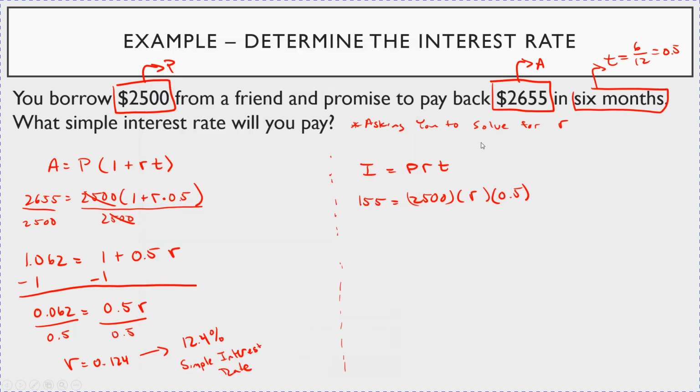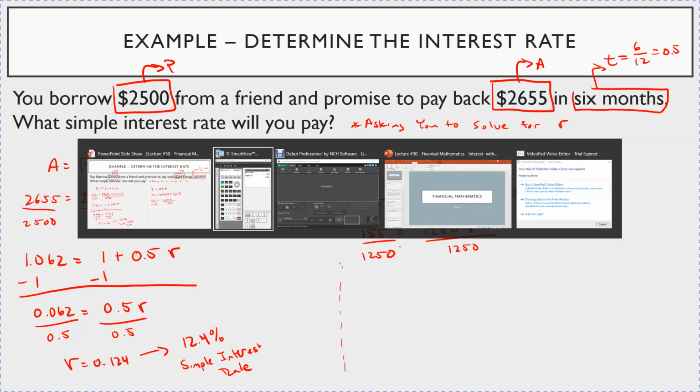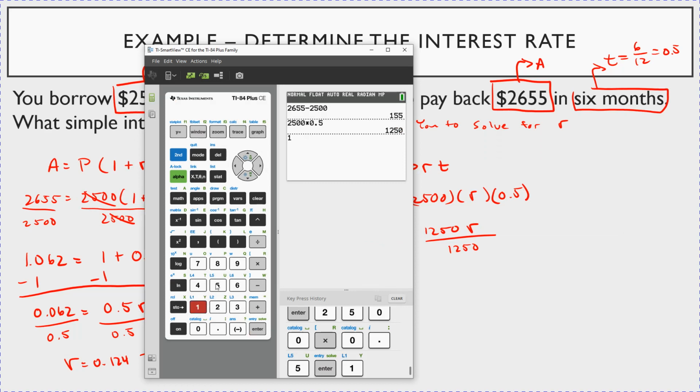You get 1,250. And then just divide by 1,250. And look, 155 divided by 1,250. You get the same thing. So you could have used either formula, and either one worked great here.